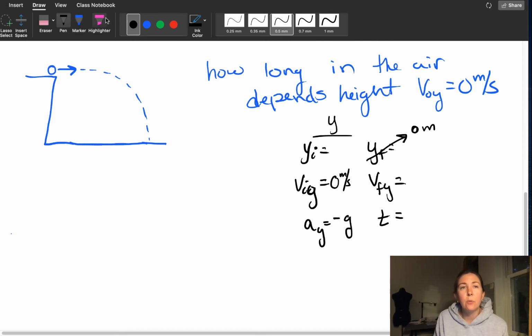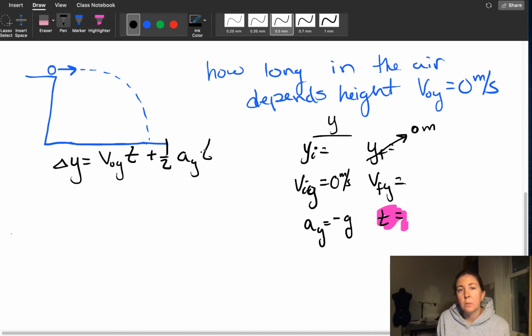And so how do we find the time? Well, we'll use my favorite kinematic equation: the change in position is the initial velocity multiplied by the time plus 1/2 acceleration times time squared. Notice how I automatically put this in my y coordinates, up and down height. So the change in y is just y final minus y initial. That gives us the opposite of the height, negative height.